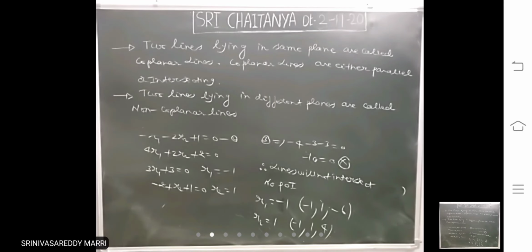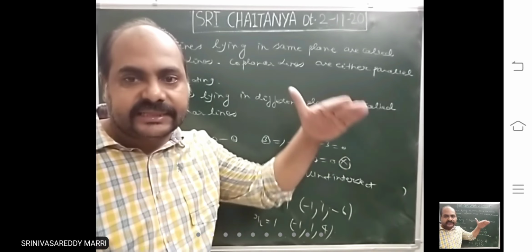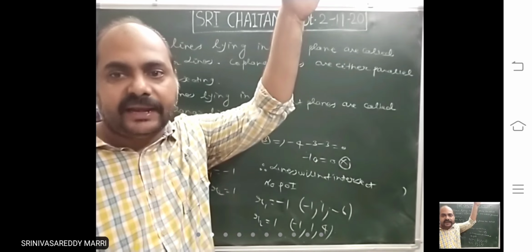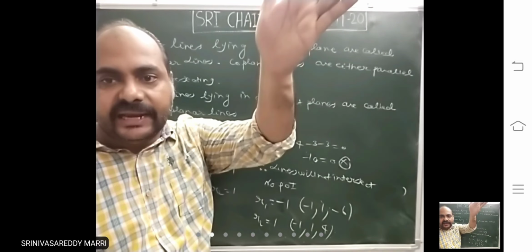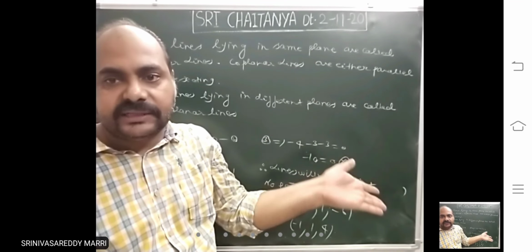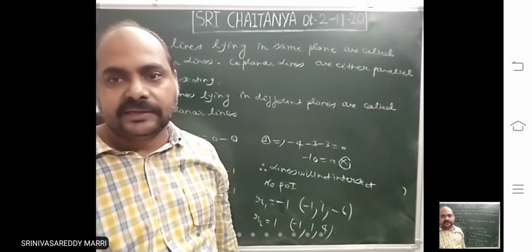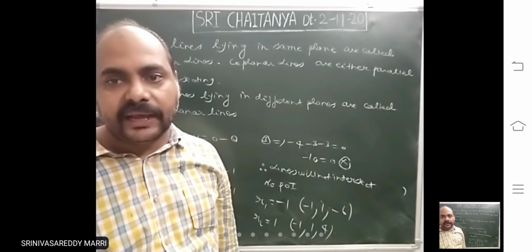Non-coplanar lines. Right? Suppose one line is lying in XY plane and the second line is lying in YZ plane. So they are lying in different planes. That means one line is lying on your paper and one line is lying on my board. They are lying in different planes. So they are called non-coplanar lines.